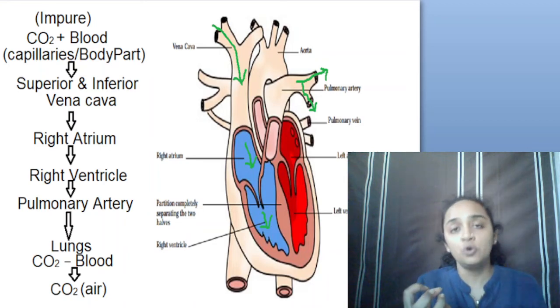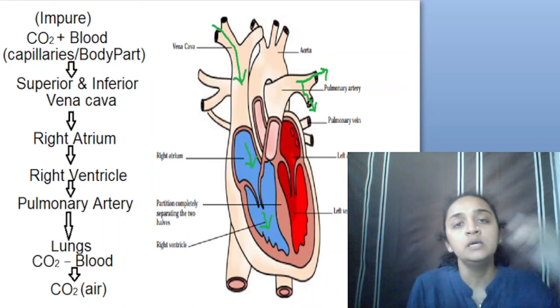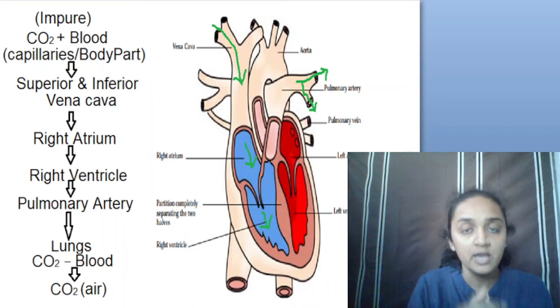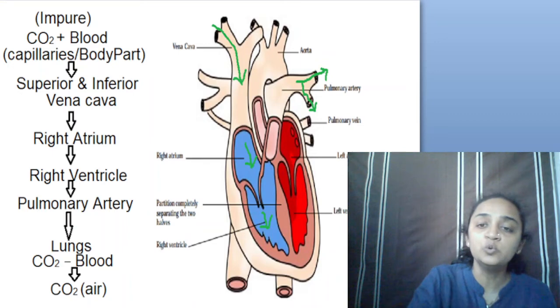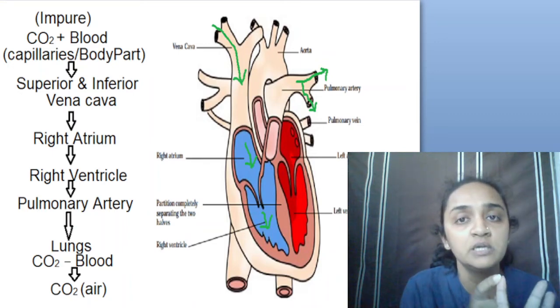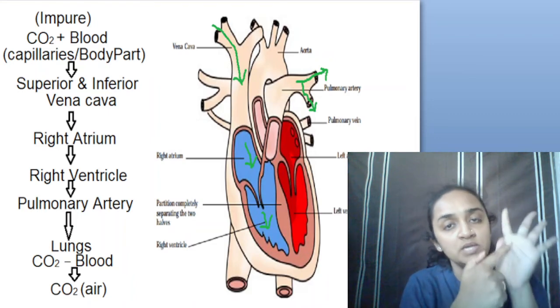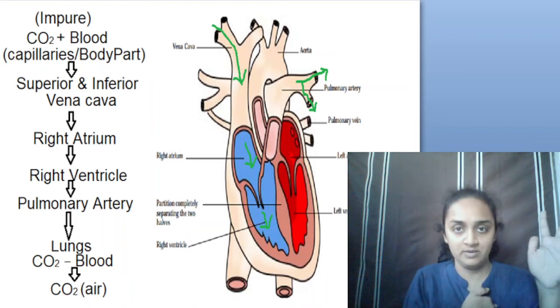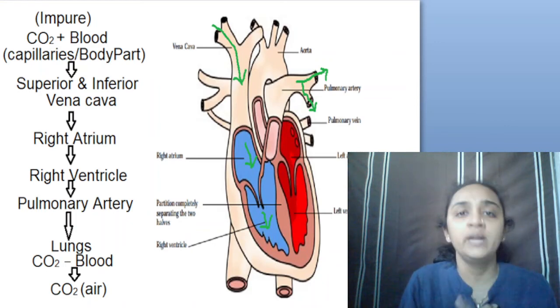Now, what is the flow up to that? The cell is mixing with the blood and that blood is moving. We have taken the example of my fingertip, so that carbon dioxide blood will move from this fingertip to the heart through the vena cava.